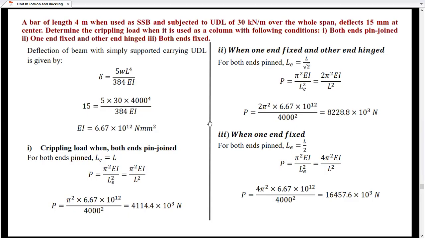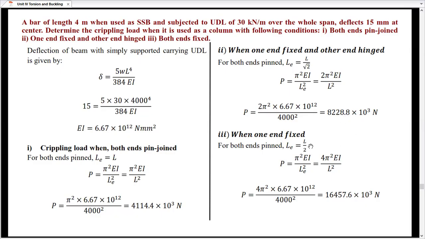Now look at the second case, when one end is fixed and the other is hinged. What is the equivalent length? Equivalent length will be L by root 2. So the equation becomes P equal to 2 pi square EI upon L square. Again, we put the EI value and length value, and we get the crippling load, which is 8228.8 into 10 raised to 3 Newton.